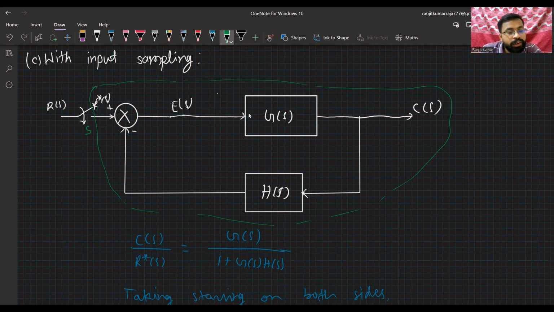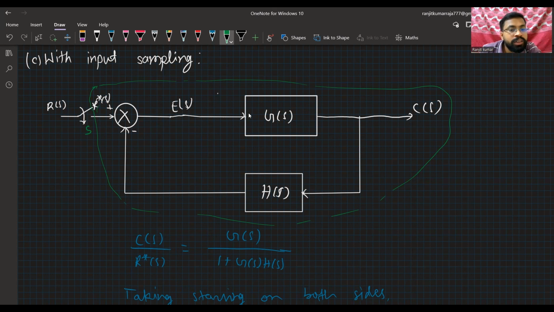Let's suppose any Laplace transform function: a unit impulse will become 1, a unit step will become 1 by S. So R star is just a denotation of the input, R star of S.